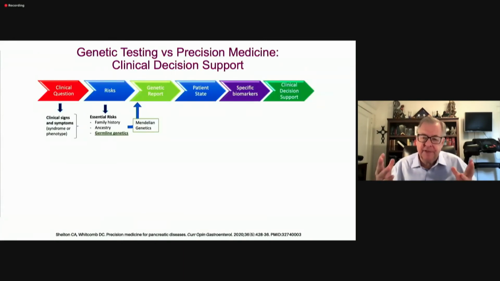So the problem is that everybody that practices Western medicine is used to getting a genetic report that says, do you have a Mendelian disease or not? That's not what is needed. Next.